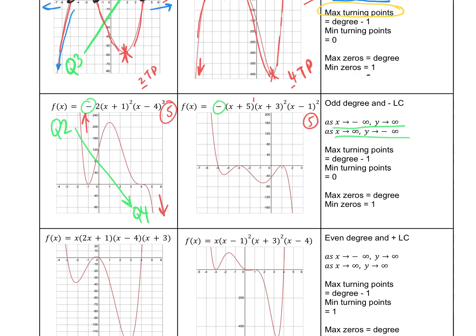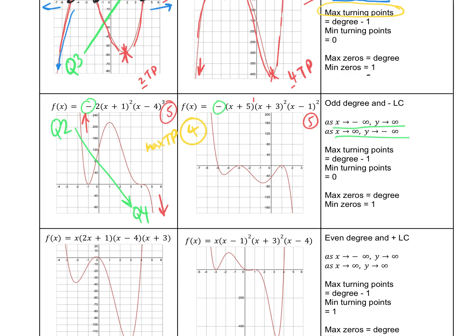Okay, so that degree and the positive or negative of the leading coefficient is going to tell you the long-term behavior. In terms of max turning points and zeros, it's going to be the same connection as before. For these degree 5 polynomials, I would expect a maximum number of turning points to be 4.